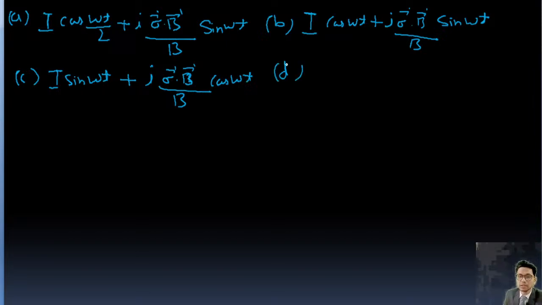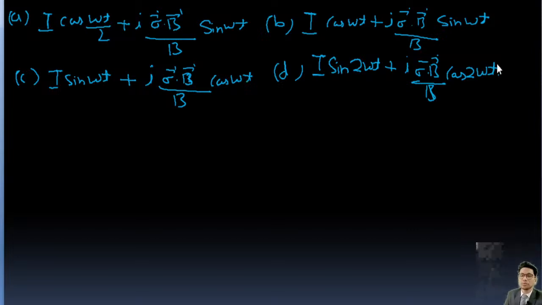Option D is I sin 2 omega t plus iota sigma dot B.